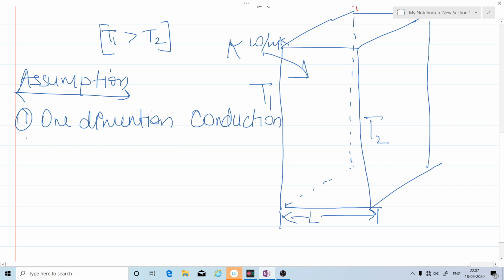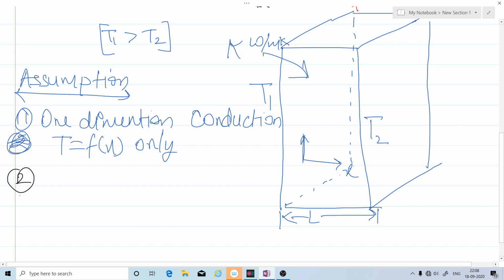What is the meaning of one dimensional conduction? The temperature is a function of x only. That means the temperature will vary in this direction, the x direction, and only in the x direction. That is the meaning of this assumption.